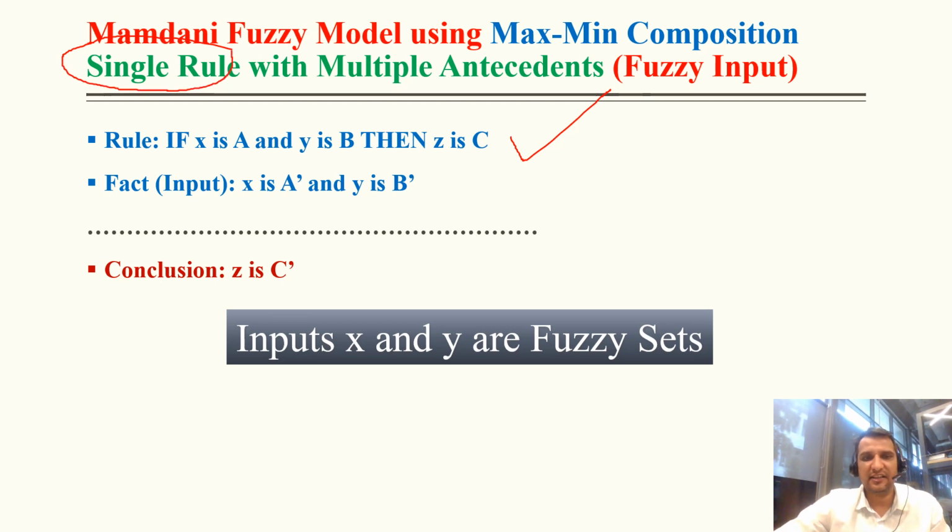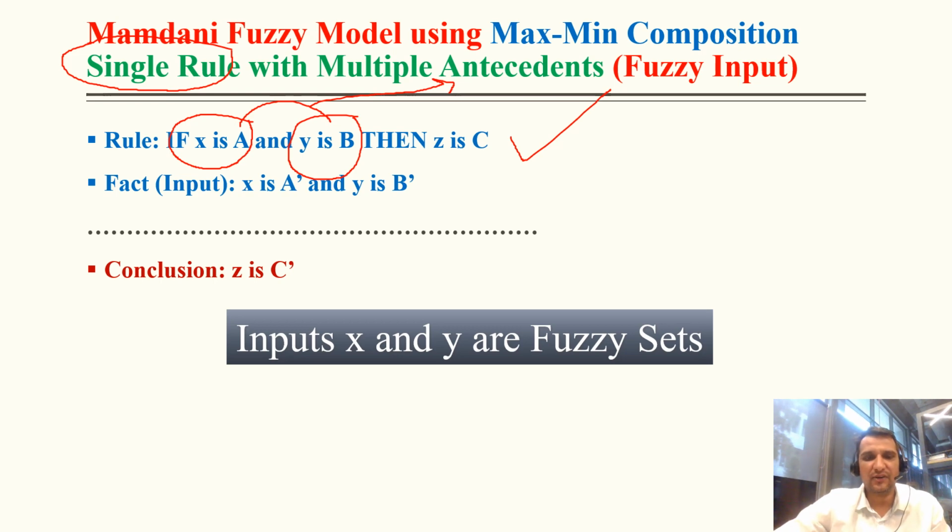In the last there is only one antecedent: if x is A, then y is B. But in this case, if x is A, one antecedent, and y is B, another antecedent. That's why these are known as multiple antecedent. Then z is C. Okay, so output will be C.